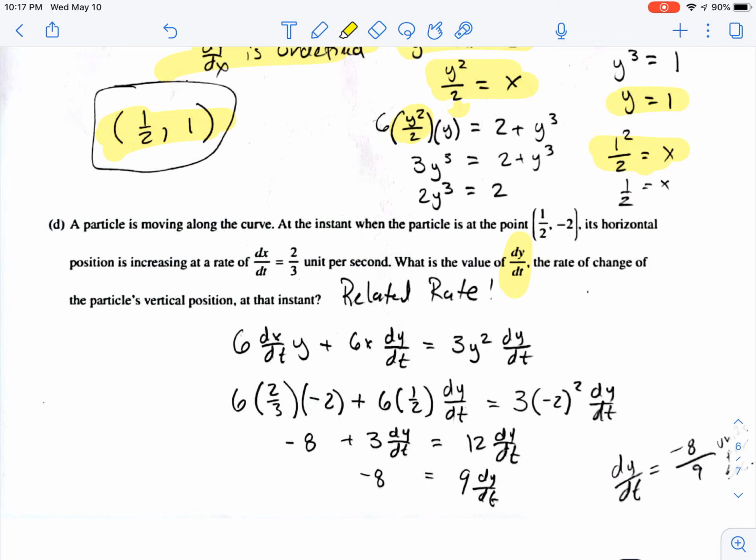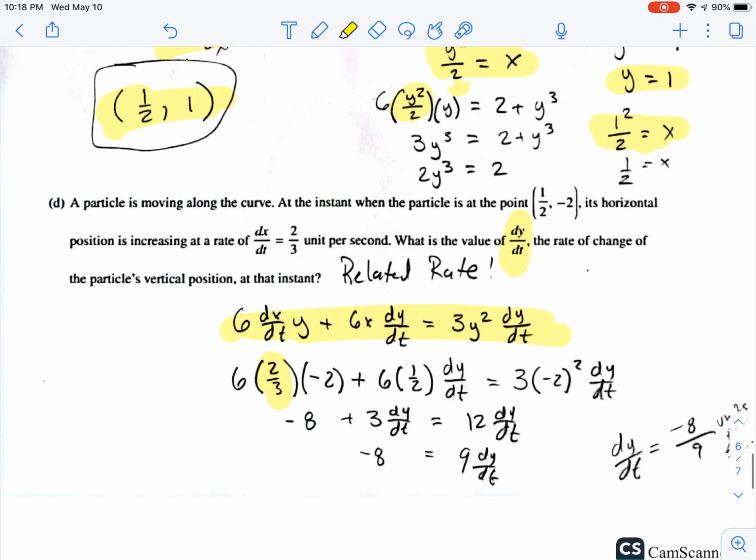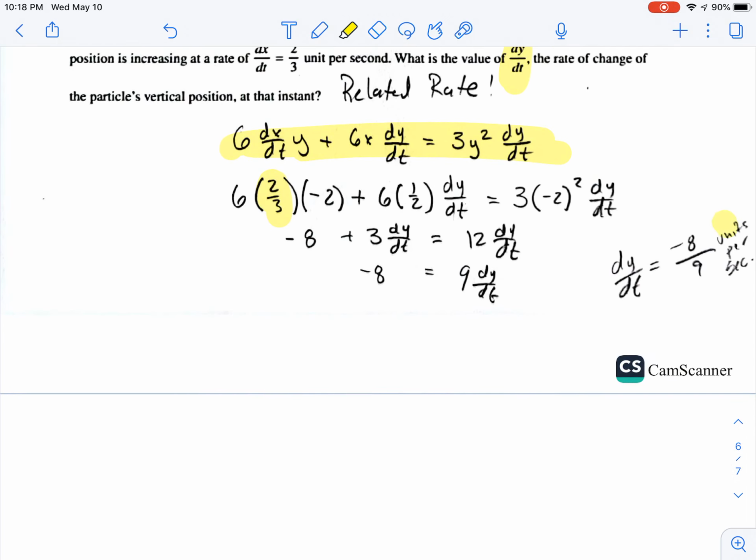So all I did was I just took the derivative of our curve with respect to time using implicit differentiation or related rates, took the derivative with respect to time, and so there is my derivative right there. And then all my dx dt's, I just plugged in the 2/3 into that and solved for dy dt. And when I did that, I ended up getting -8/9, and that was in units per second.